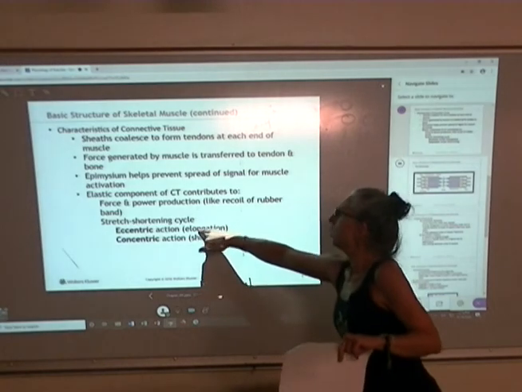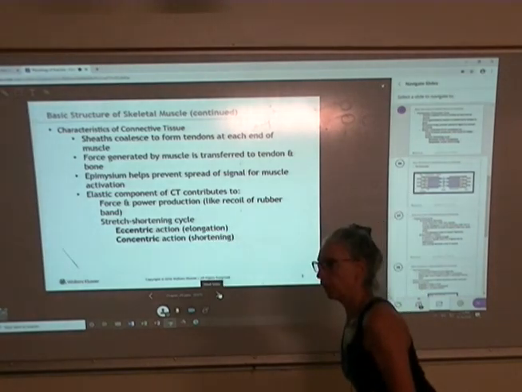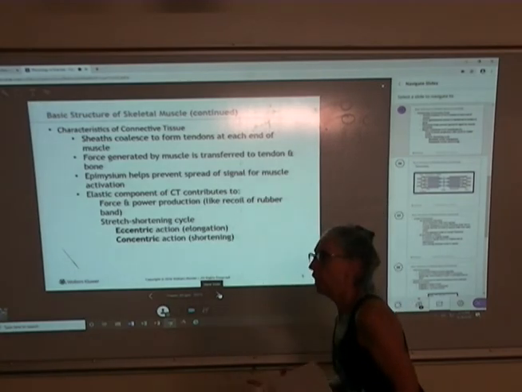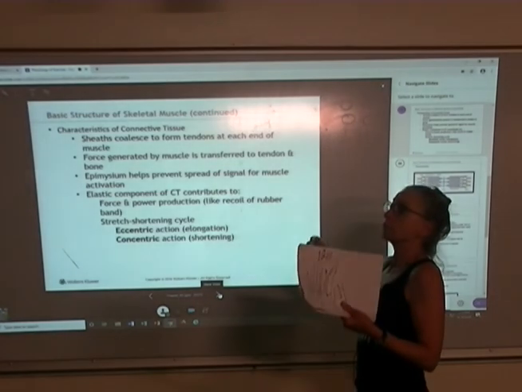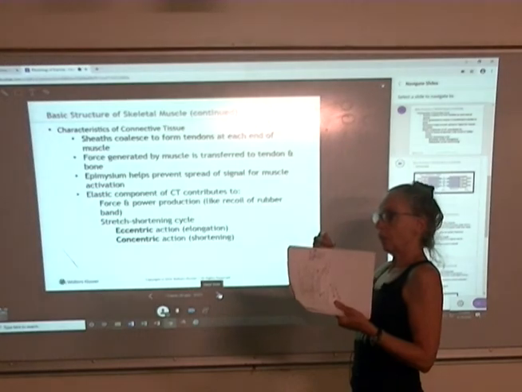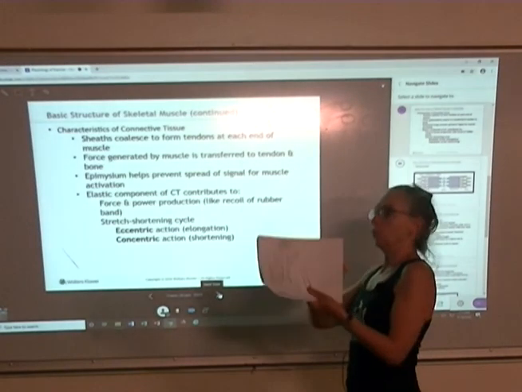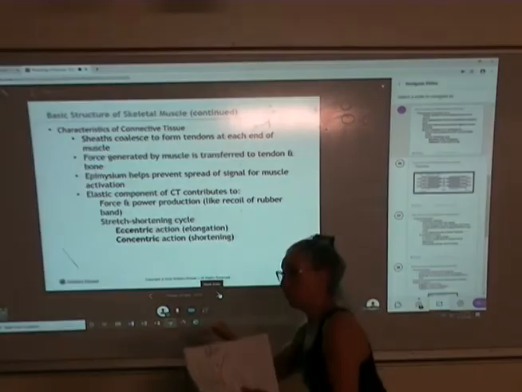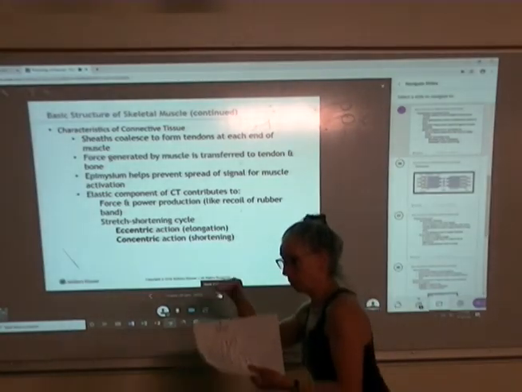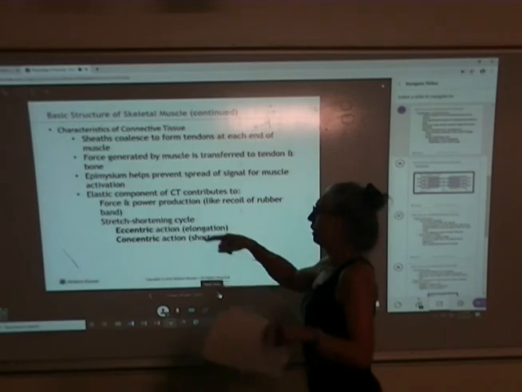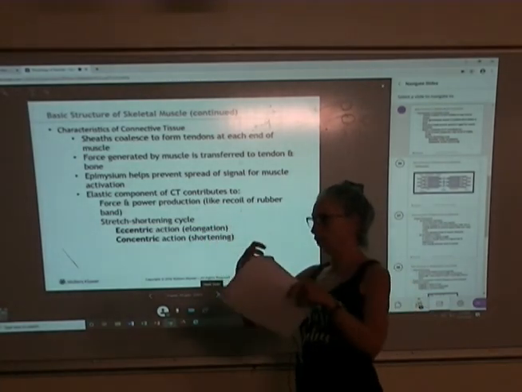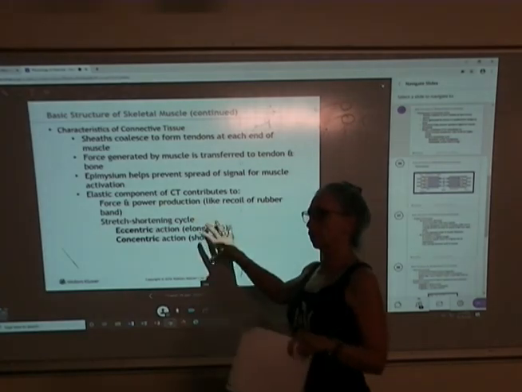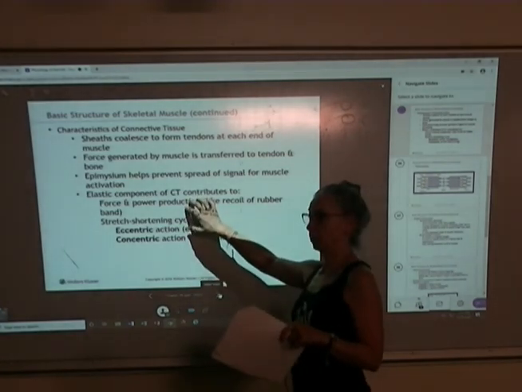So that elongation of the quadriceps is under control, and then we contract our muscle fibers and we shorten and we jump, right? If we do that without the pause at the bottom, then not only do we have the contraction of the muscle fiber, but we've got this rubber band action occurring from the connective tissue.